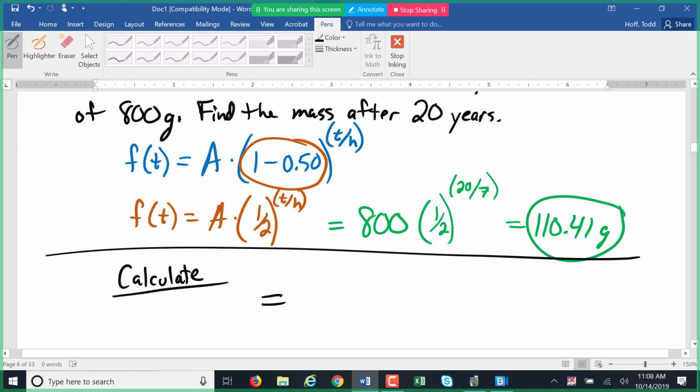I'm going to ask you to calculate this. 800 times 2 to the power of negative 20 divided by 7. See what you come out with on your calculator.